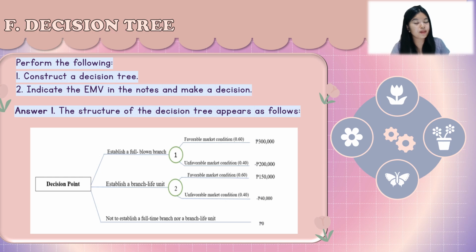So, to compute the EMV in the simplest form, kailangan lang natin i-compute ito from right side to left side, starting in the payoff up to the decision point. However, in order to get the transparency, we have the formula. The formula is EMV is equal to payoff multiplied by the probabilities.